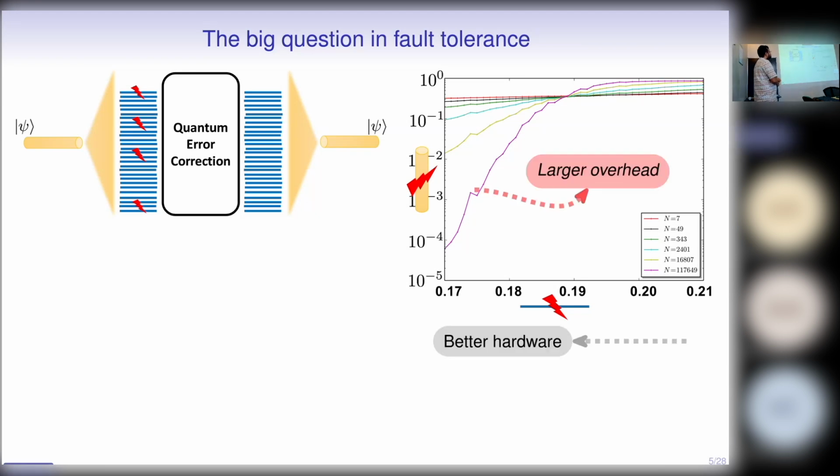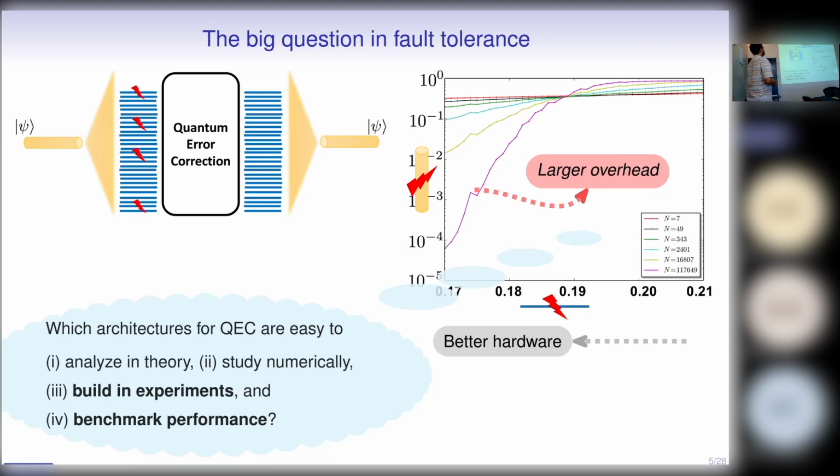But the question here is, how much of an overhead do you have to add to build an algorithm? And how much better should you go on the hardware side? There should be some kind of a trade-off between these two. And we want to basically estimate these quantities because these are very important design parameters to actually build an algorithm.